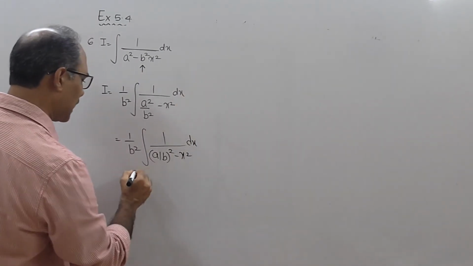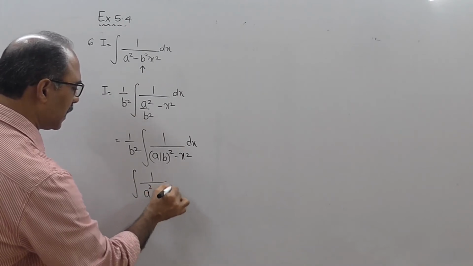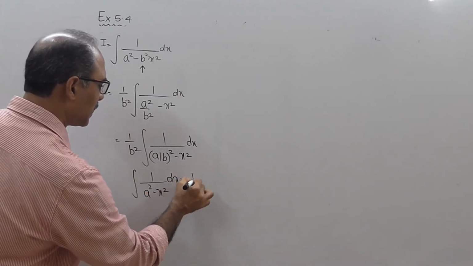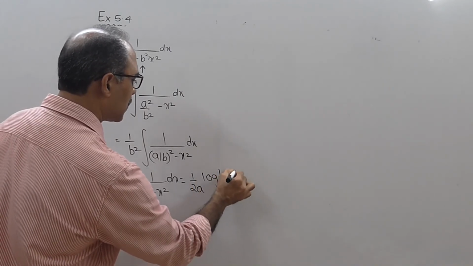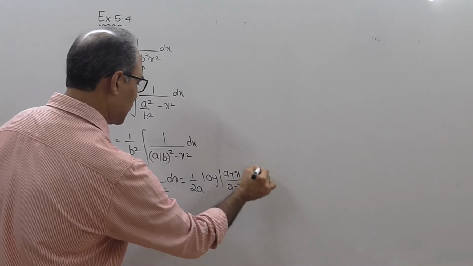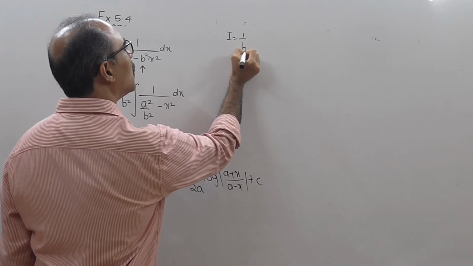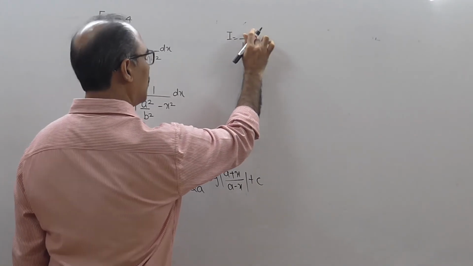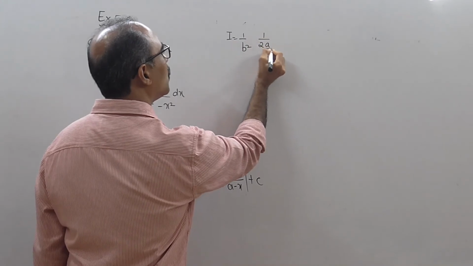So this is exactly in the form of integration 1 upon a square minus x square dx. I think the answer is 1 upon 2a log modulus a plus x upon a minus x plus c. So I equal to 1 upon b square followed by 1 upon 2a means 1 upon 2a by b.